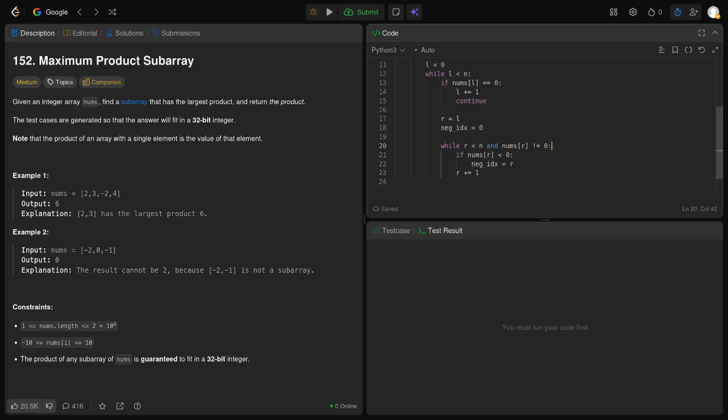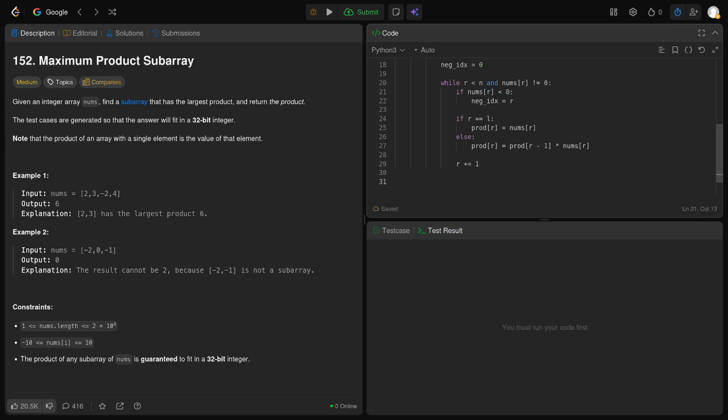So if R is L, then product[R] is equal to nums[R], right? Else product[R] is product[R minus 1] times nums[R]. So we're just calculating the prefix product.